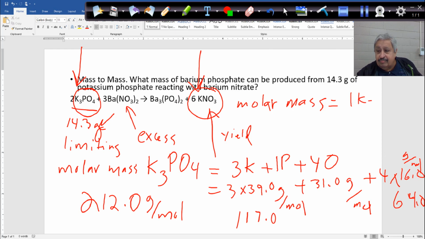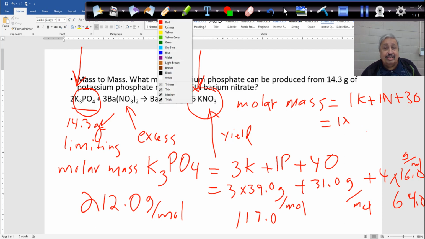1 potassium, 1 nitrogen, and 3 oxygens. Correct? 1 multiplied by 23.0, not 20, 39, sorry. 39 here. Don't worry about 0.1.